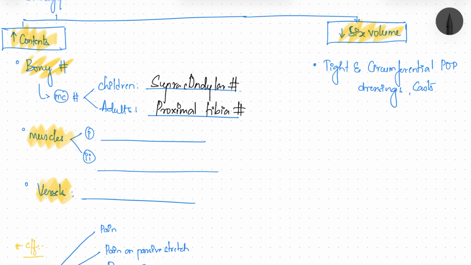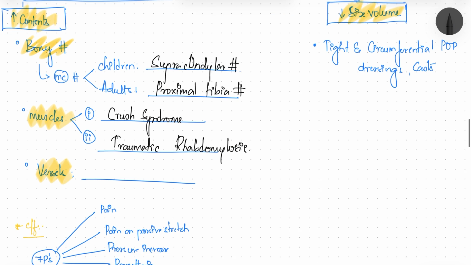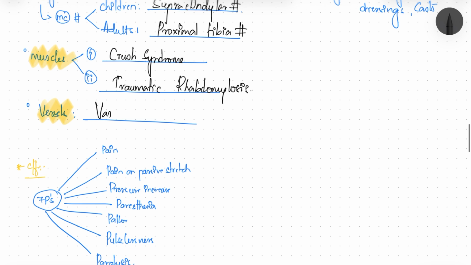Then coming to the muscle part, we have crush syndrome, then traumatic rhabdomyolysis. Coming to the vessel part, only one thing can happen, that is vascular injury, right?